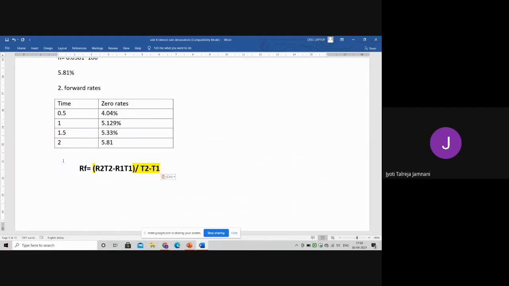Let me check if anybody is able to do it. What we have to take is T2, R2, R1. I'll not tell you, try it for 2 minutes, otherwise I'll do it.